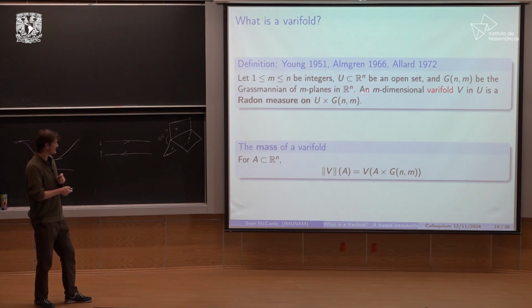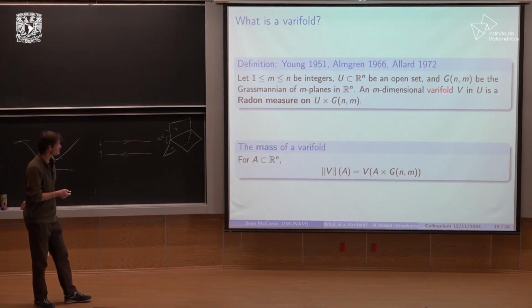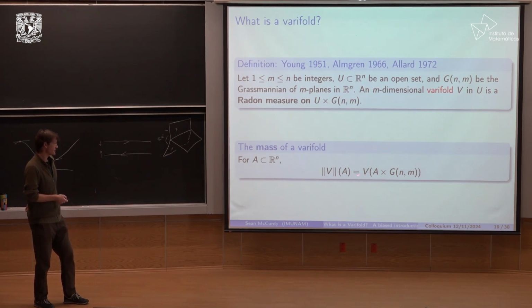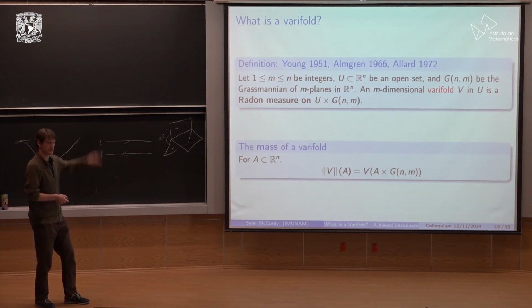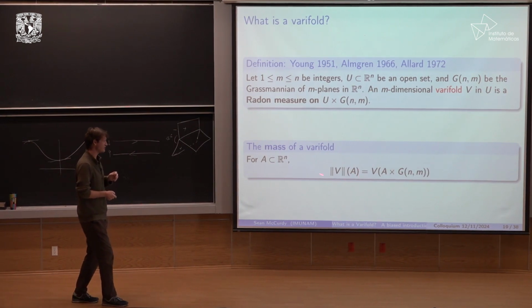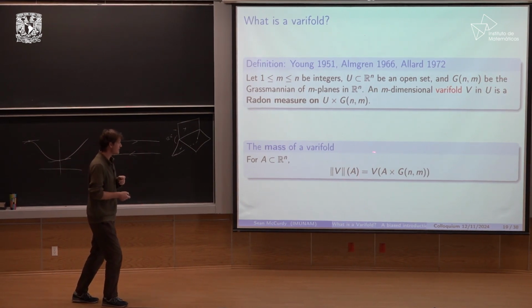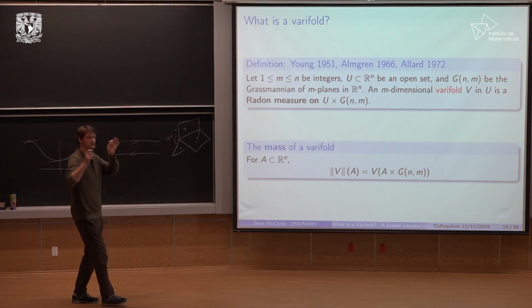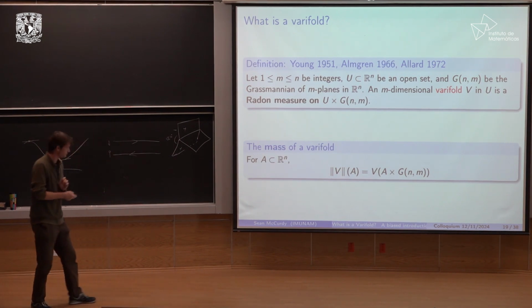If we don't like this Grassmannian component, we can just forget about it. We can project it away, and every varifold has an associated measure, which we call the mass of the varifold, which is just defined upon the Euclidean space where we project away the Grassmannian component, right? So this gives us a nice Radon measure on Euclidean space, and this is where we're going to get our notion of surface area eventually from.